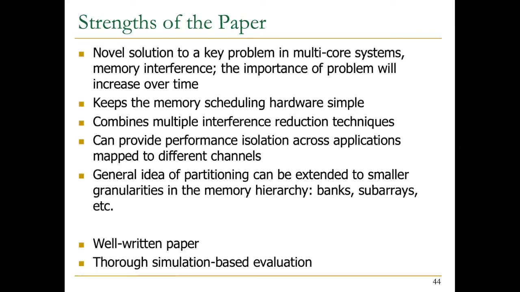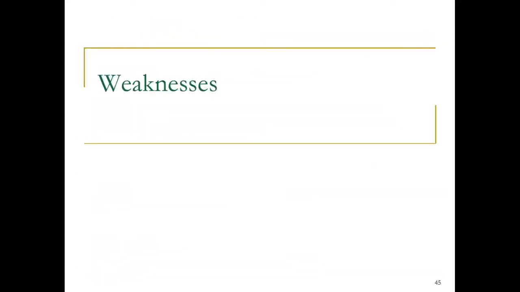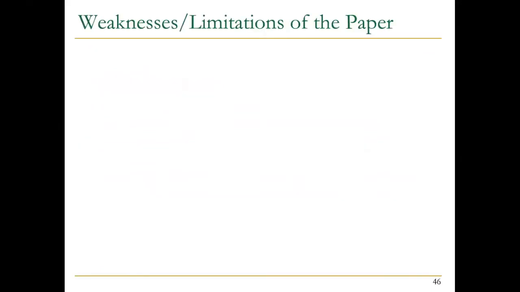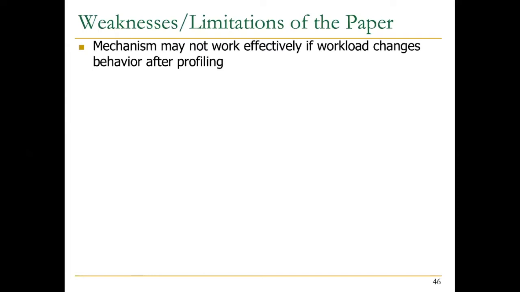Now let's move on to the weaknesses. We're going to do a critical analysis, starting from the biggest weakness, and I'm going to put the limitations also as part of weaknesses. Clearly, this is true: the mechanism may not work effectively if the workload changes behavior after profiling.